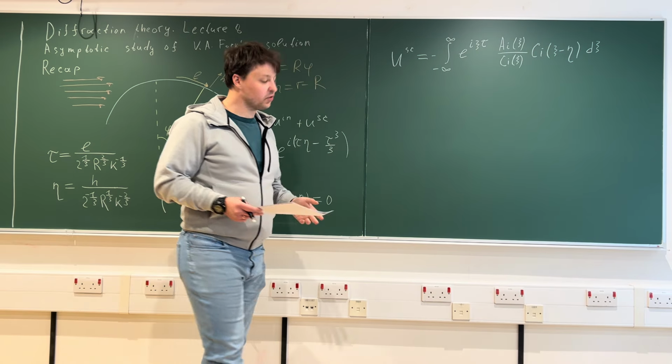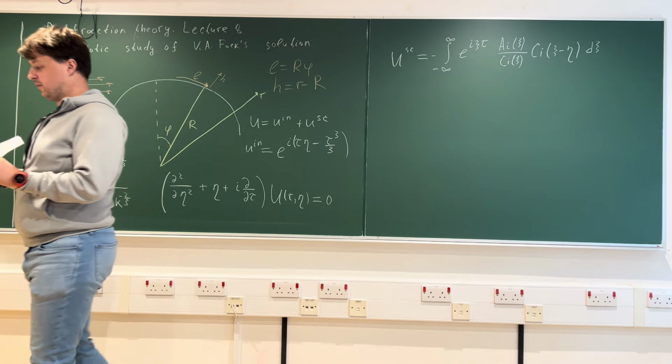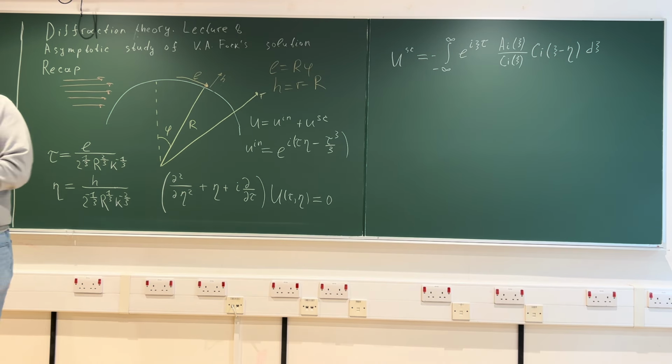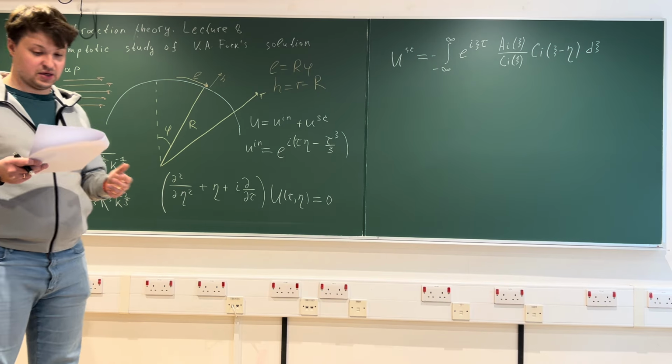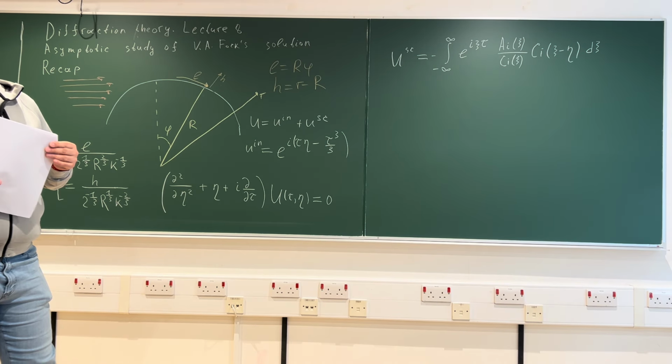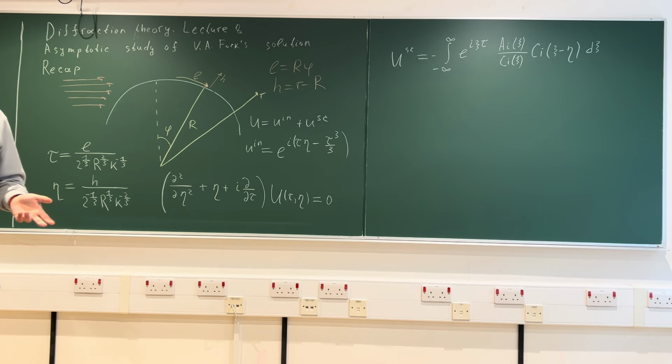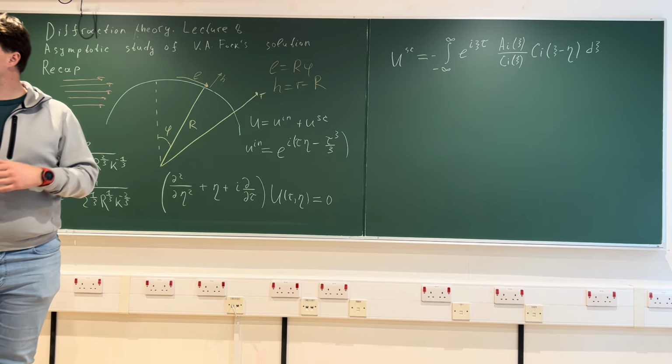Okay, we have this solution, and now we want to analyze this solution, because we did a lot of things and we just want to make sure whether these things indeed behave as a scattered wave, whether it has a reflected wave, whether it has a shadow.